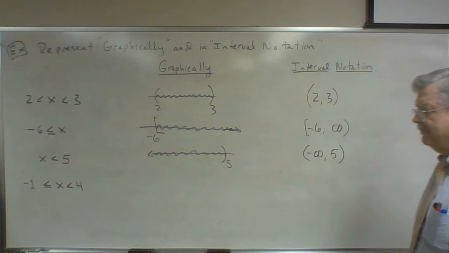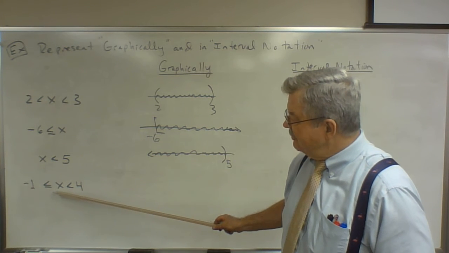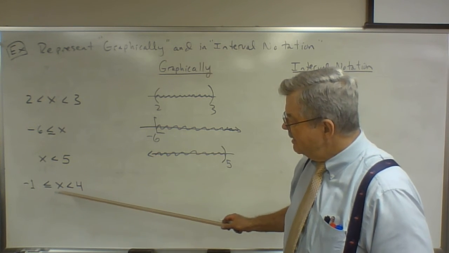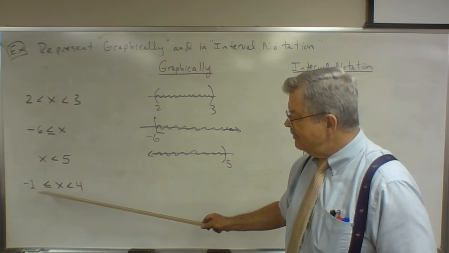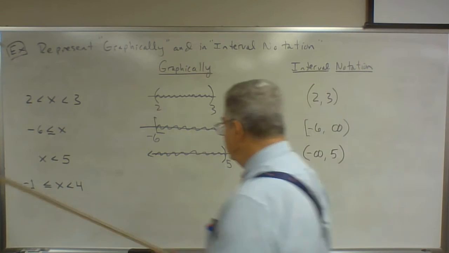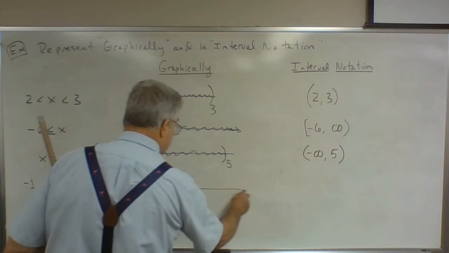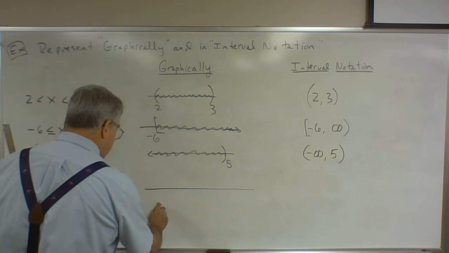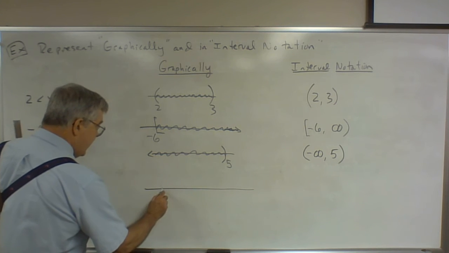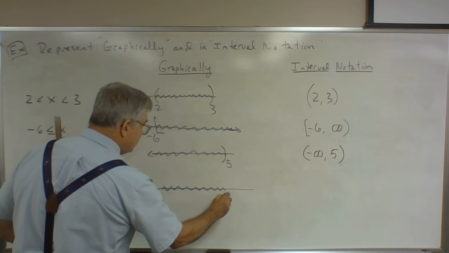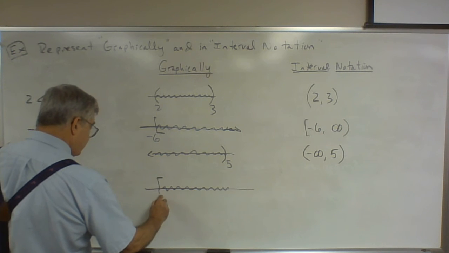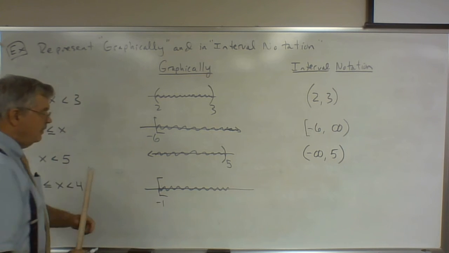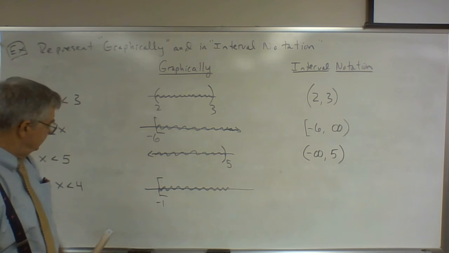One more example. X is greater than or equal to negative 1. X is less than 4. First of all, x is greater than or equal to negative 1. So here's negative 1 on the number line. X is greater than or equal to negative 1. And since x can be equal to negative 1, we put a square brace here, showing that negative 1 is part of the solution set.